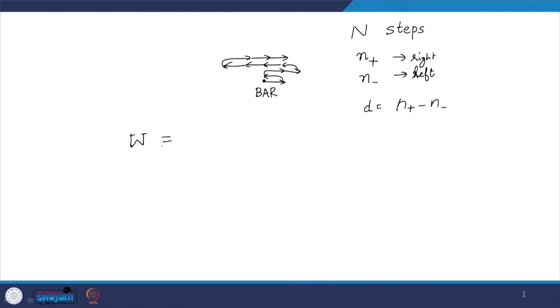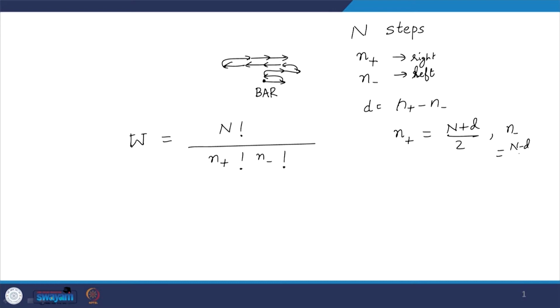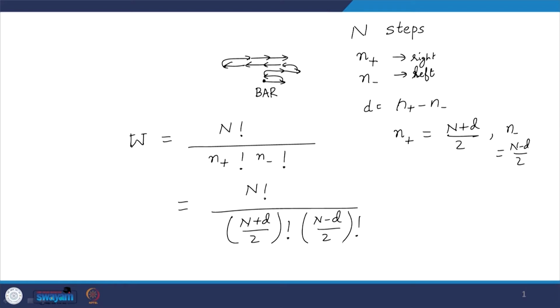So, W was equal to N factorial by n plus factorial n minus factorial, and we already have found n plus is (N plus d)/2 and n minus is (N minus d)/2, and therefore, W is N factorial by (N plus d)/2 factorial times (N minus d)/2 factorial, and the objective for us is to maximize ln of W by using the Stirling approximation that we already have stated, because capital N is very large.